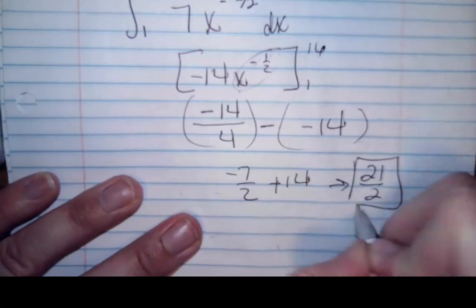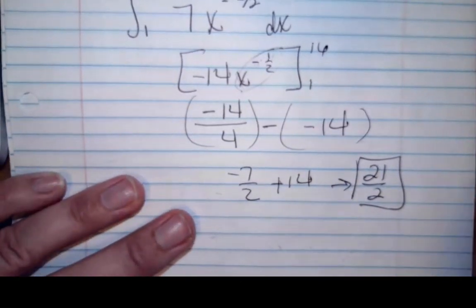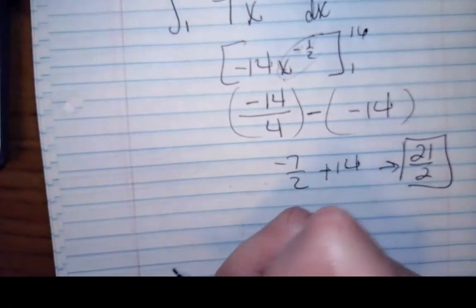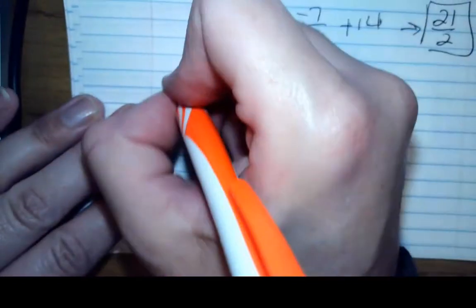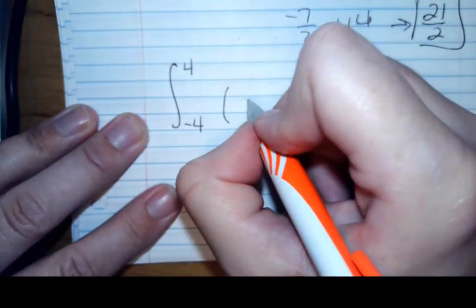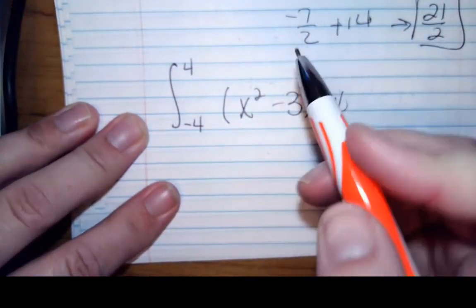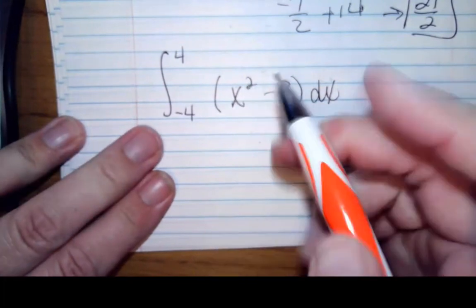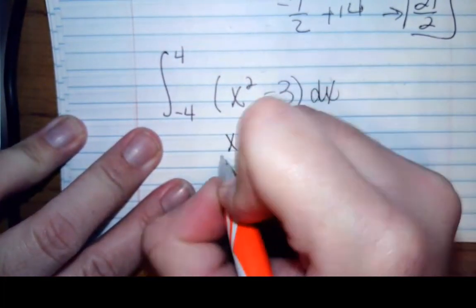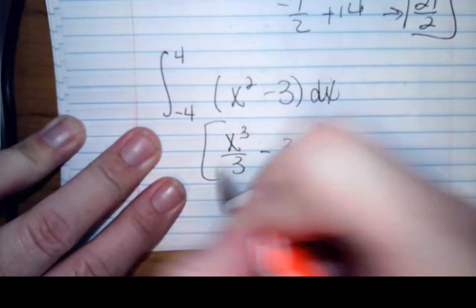21 halves. And then the last one, because I accidentally skipped one, is going from negative 4 to 4 of x squared minus 3 dx. So the integral of x squared is x to the third over 3, minus 3x.